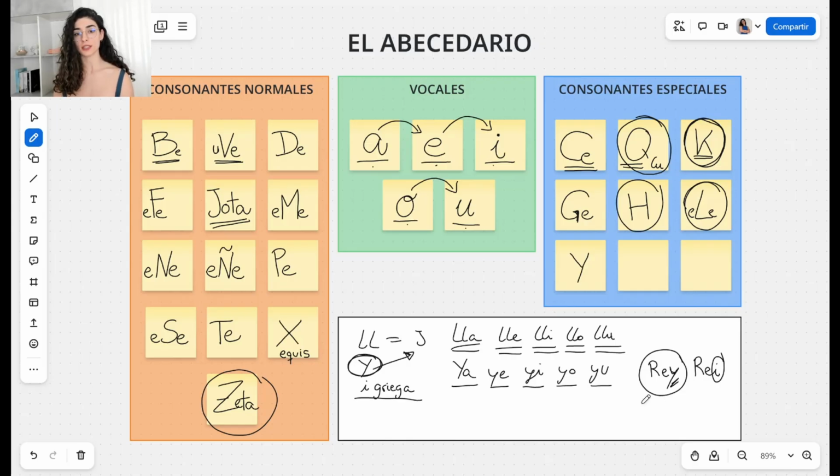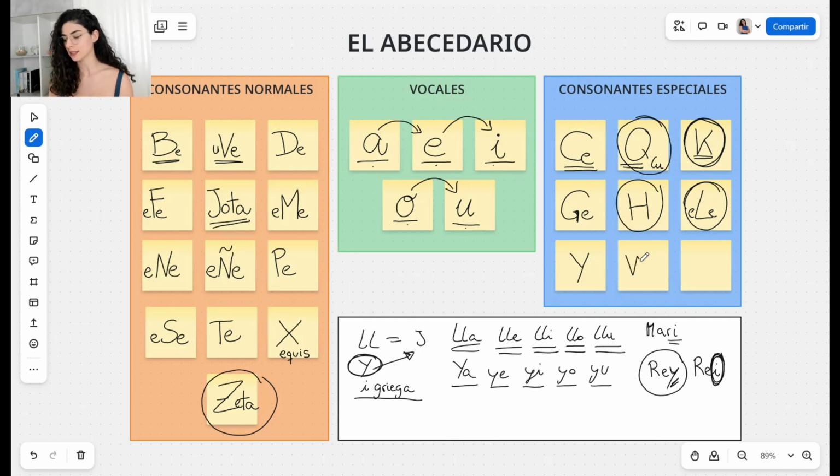The rule in Spanish is that no word in Spanish can end in a Latin I, in a normal I, except some proper names. For example, the short version of the name Maria could be Mari. But general words cannot.